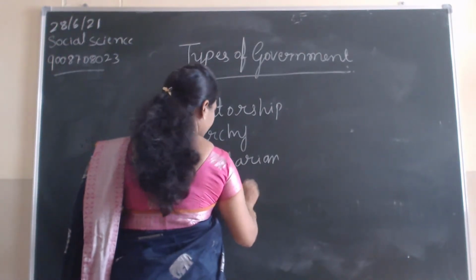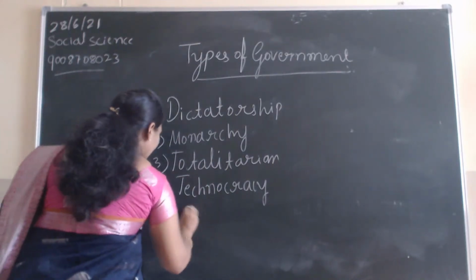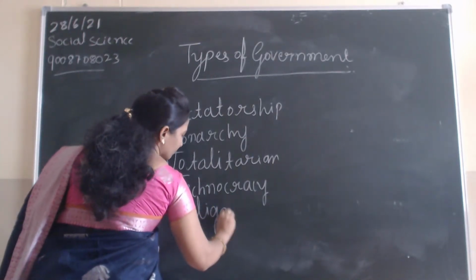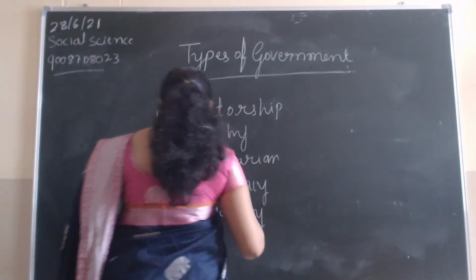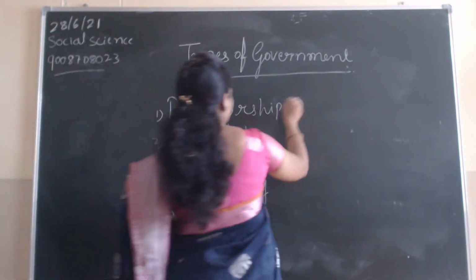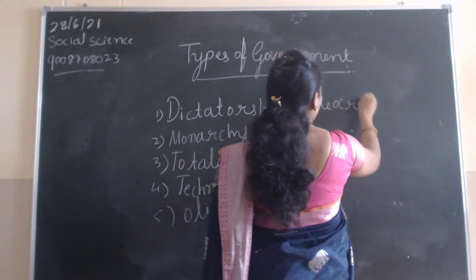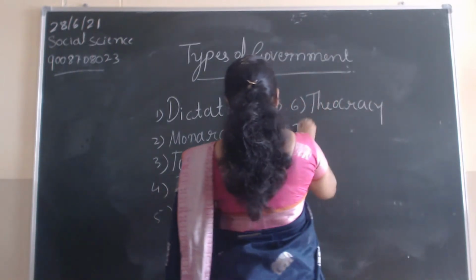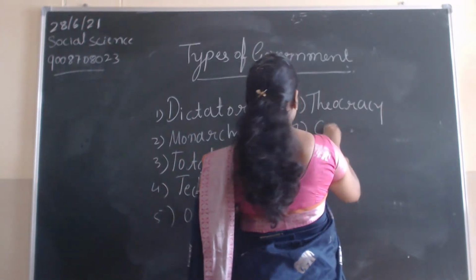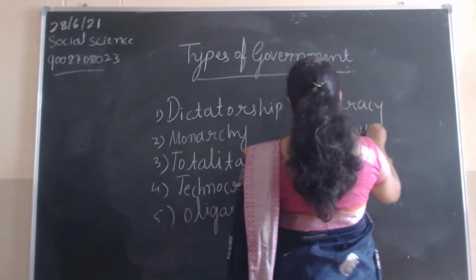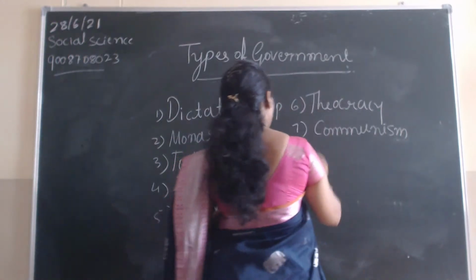Fifth one, oligarchy. And sixth one, theocracy. Seventh one, communism. And the last one is democracy.